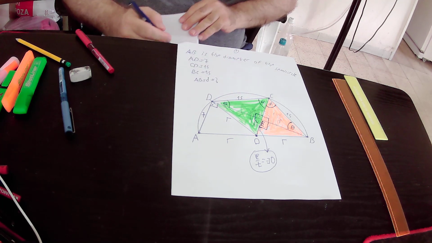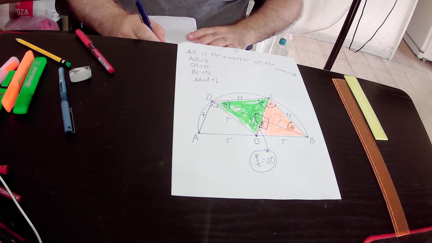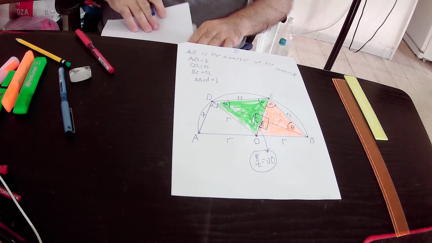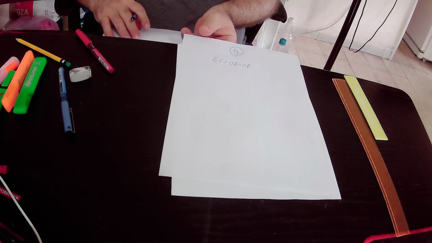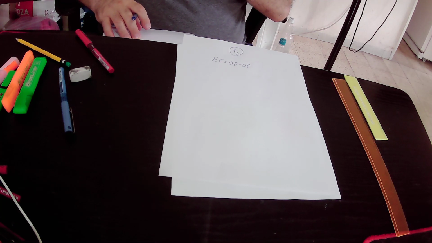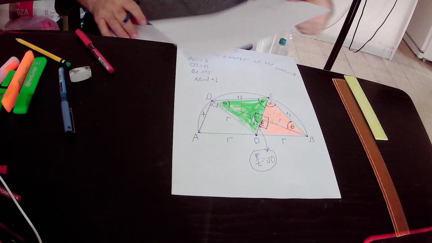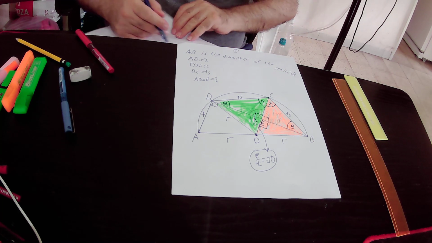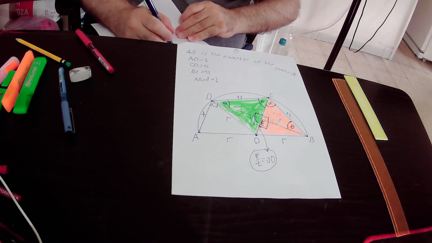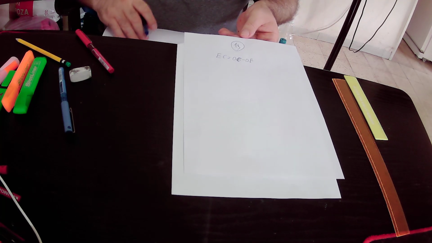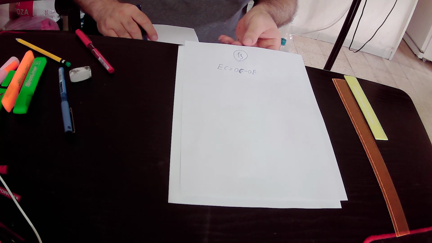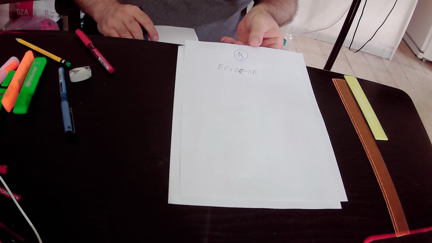Okay, EC equals OC minus OE. From the drawing, we can see that EC equals OC minus OE.